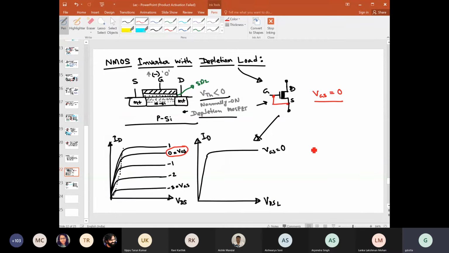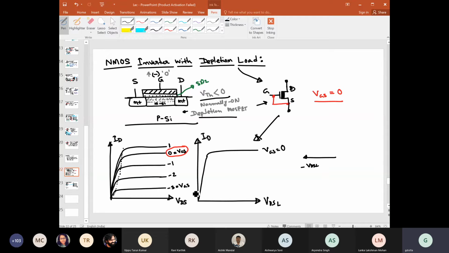So what will happen then? The characteristics of this will become, I am drawing it in a small fashion so that I can complete it here. So this is VDS, it is wrong, not like this, but now we are making the axis as minus VDSL.